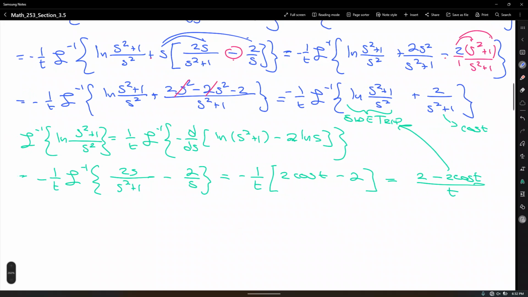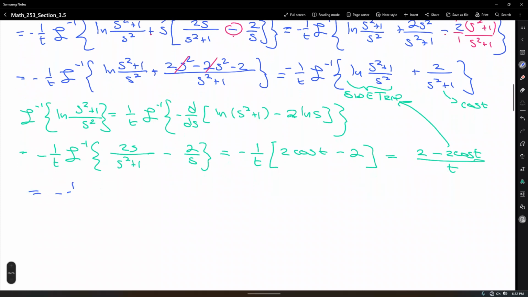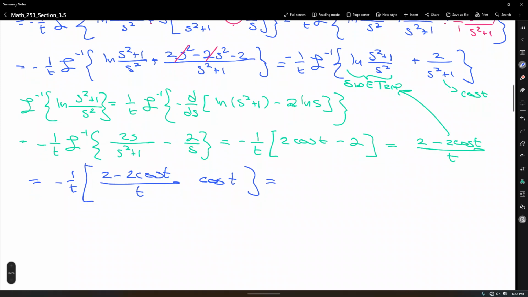And finally, we've got negative 1 over t times the inverse transforms of these two, which is (2 minus 2 cosine t) over t and cosine t. Distribute the negative 1 over t: that is negative (2 minus 2 cosine t) over t squared, and then minus, because of the minus, cosine t over t.